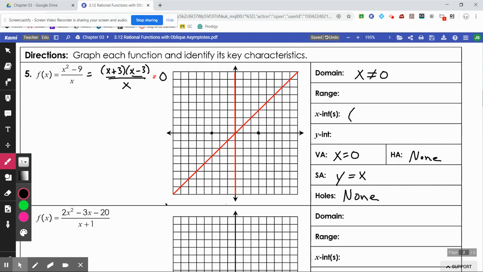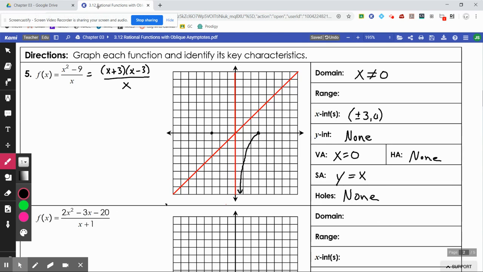So you can write that as x-intercepts at positive and negative 3, 0. Your y-intercept, we're going to have to set x equal to 0, which is a problem because if you set x equal to 0, then that means the bottom would equal 0. x cannot be 0, and you can see you had that vertical asymptote there, so there are going to be no y-intercepts.